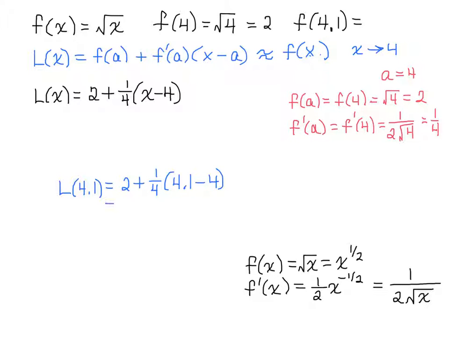And of course, 4.1 minus 4 is 0.1. And 0.1 is 1 over 10, isn't it? So that's equal to 2 plus 1/4 times 1/10, which is 1 over 40. So it's 2 and 1/40.